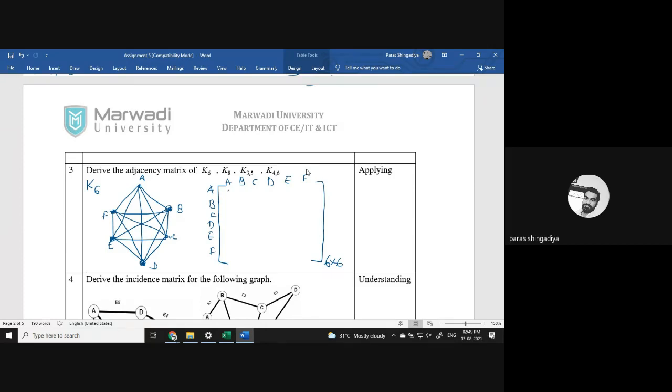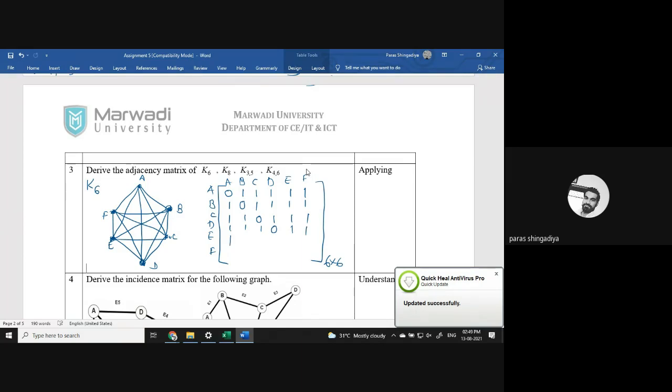Okay? यहाँ पे A to A entry 0 आएगी, but A to B, A to C, D, E and F will be 1. ठीक है? And same for B. B to A entry is 1, but B to B is 0 and the rest of the whole entries will be 1. C to C is 0 and the rest of the whole entries are 1. D to D is 0 and the rest of all entries will be 1. Clear?